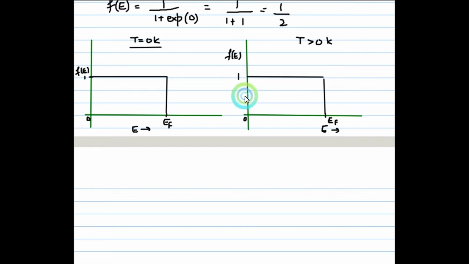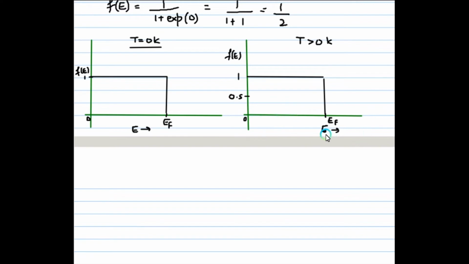And this is one value, 1, and this one is 0.5.